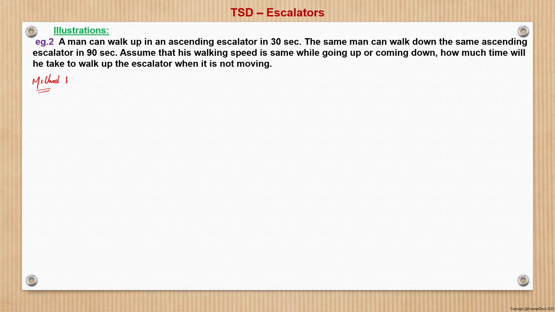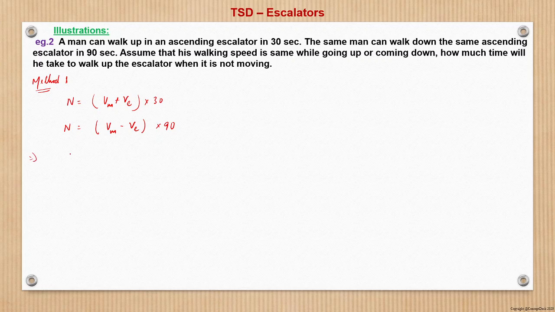The conventional method: a man walks up an ascending escalator in 30 seconds. So this means that the number of steps in the escalator, that is the distance, would be speed into time. The effective speed is what? Vm plus Ve into 30. And the same man can walk down the same ascending escalator, that is the distance covered is again the same n, and that in the opposite direction, that is Vm minus Ve, the effective speed, in 90 seconds, right?